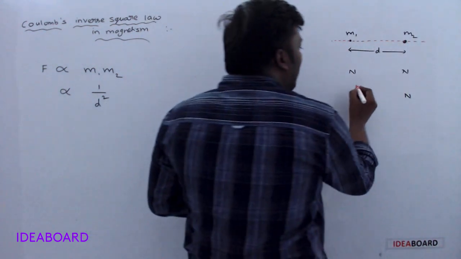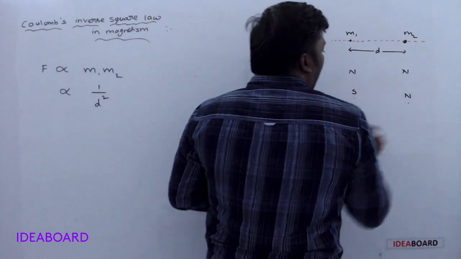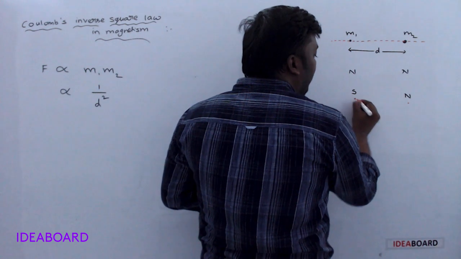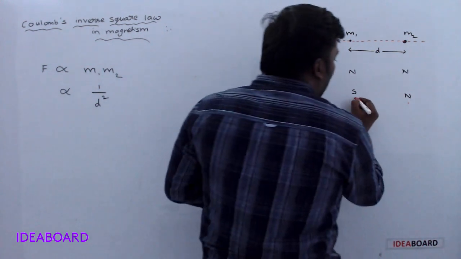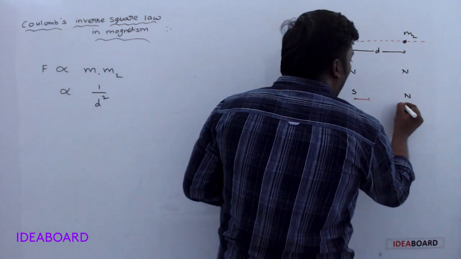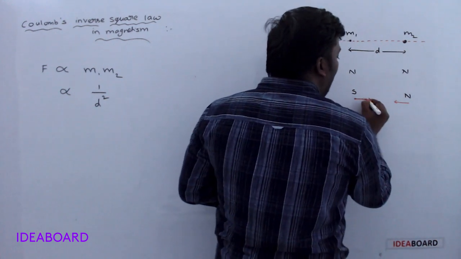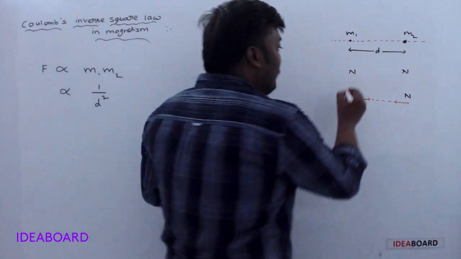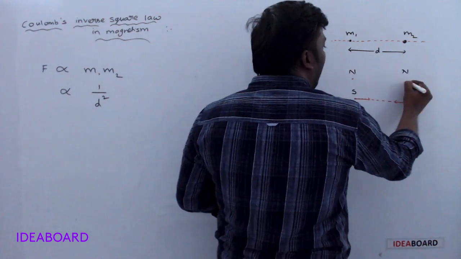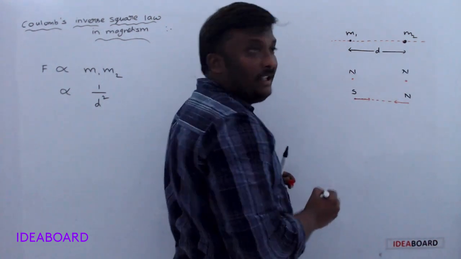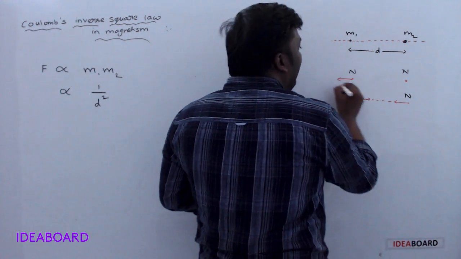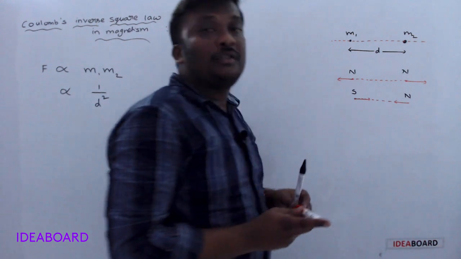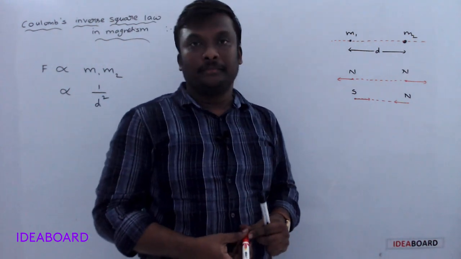That indicates if this is a south pole and this is a north pole, then unlike poles attract each other, and that attractive force is always along the line joining those two poles. Similarly, if both are north poles, they repel each other, and that repulsion is always along the line joining the two poles.